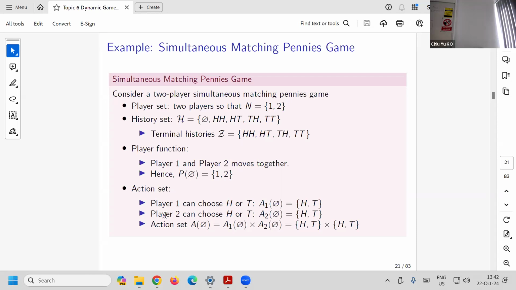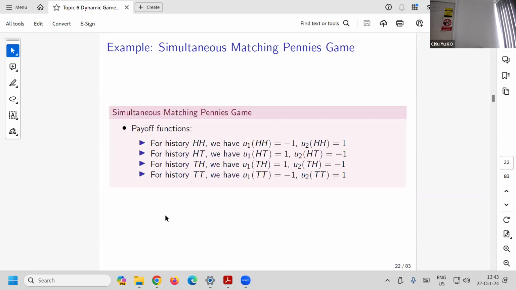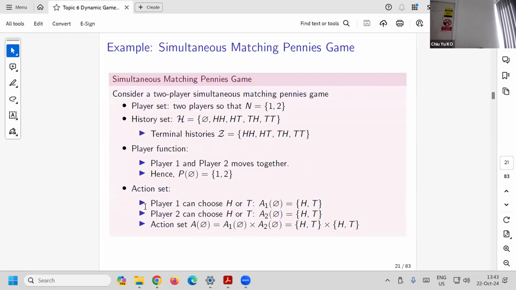And they move together. And here is a set in the null history. Two guys are there. It's a set, right? So player one, head and tail for the null history. Player two, head and tail, right?